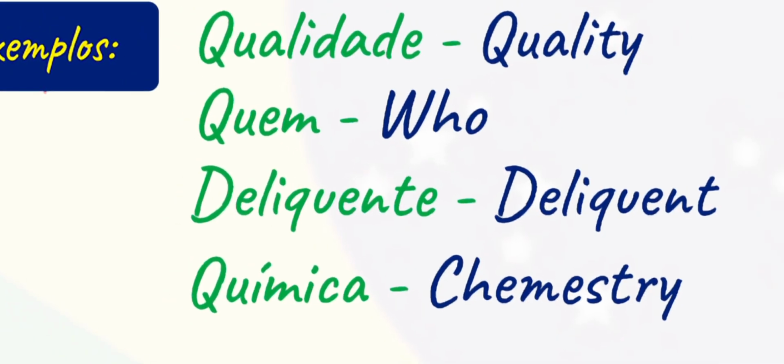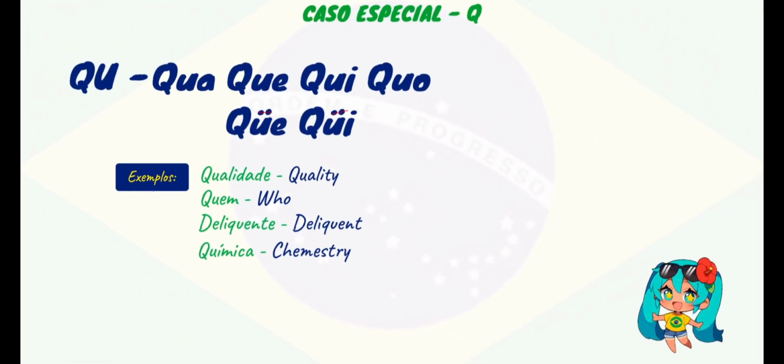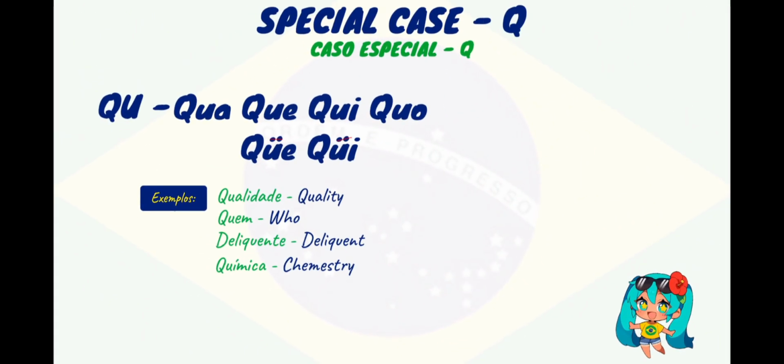Just pronounce the open sound. Delinquente. And we have like química, that's chemistry. And the words that have que with qui are pretty hairy words. So that is the special case que. Caso especial que.